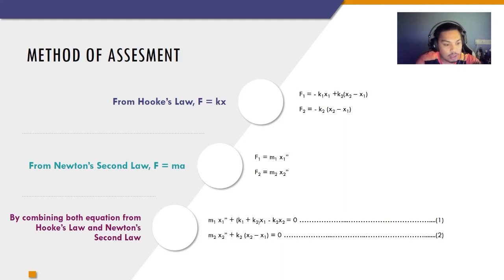By combining these equations, we get m1 x1 double prime plus (k1 plus k2) x1 minus k2 x2 equal to 0. That is equation 1, and m2 x2 double prime plus k2 (x2 minus x1) equal to 0 is the second equation.